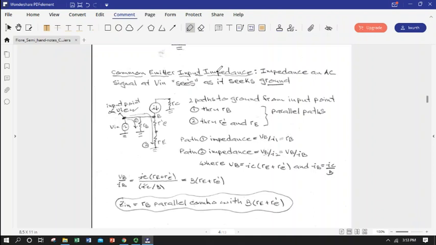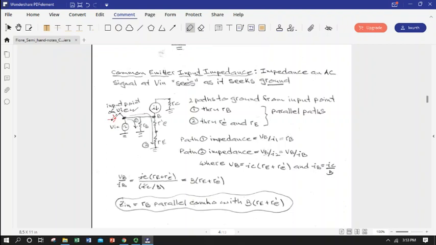So let's look at input and output impedance for our AC model, and let's kind of walk through that the same way we did in Chapter 6 with the general. So let's start with a review of what input impedance is. It's the impedance to an AC signal at the input, so it's looking into the circuit from the input here, as it seeks ground.